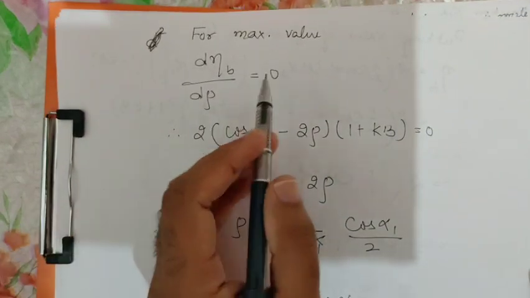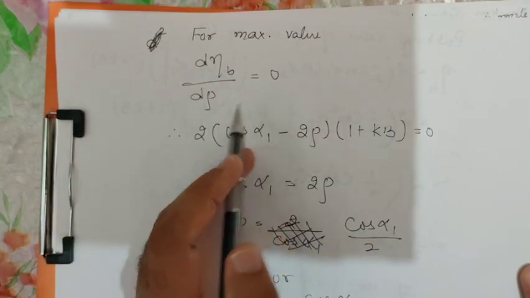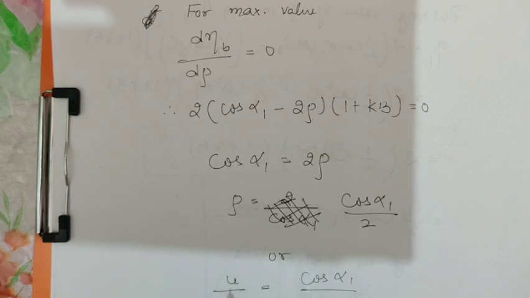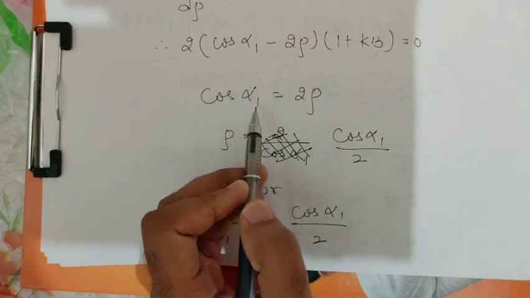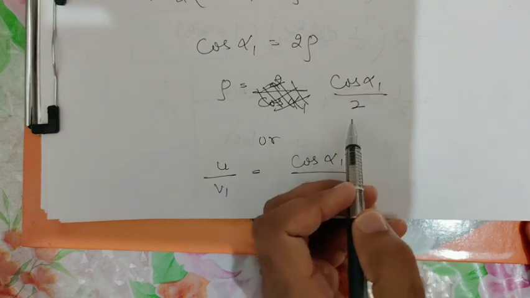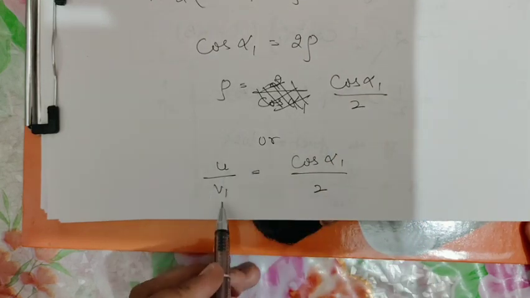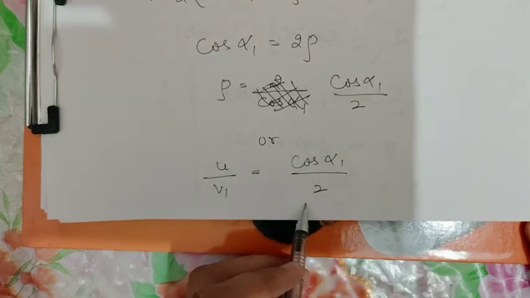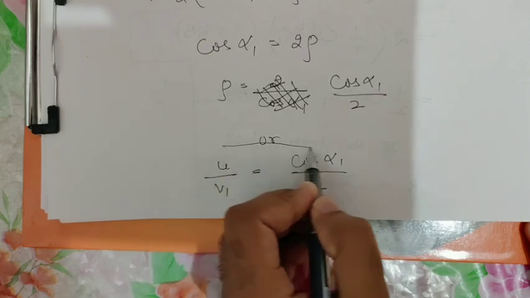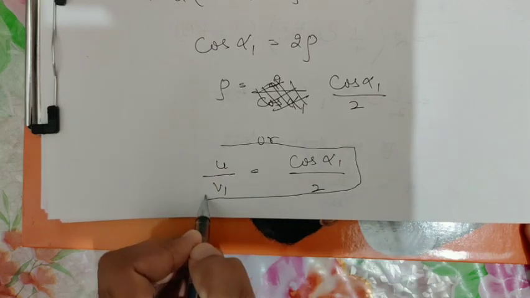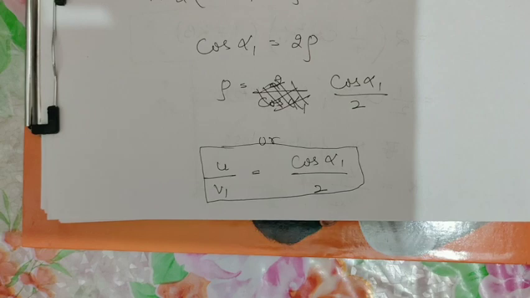So for maximum value, this is equal to 0. Putting this equal to 0, we get cos alpha 1 equals 2 rho, so rho equals cos alpha 1 by 2, or u by v1 equals cos alpha 1 by 2. This is the condition at which we get the maximum blade efficiency.